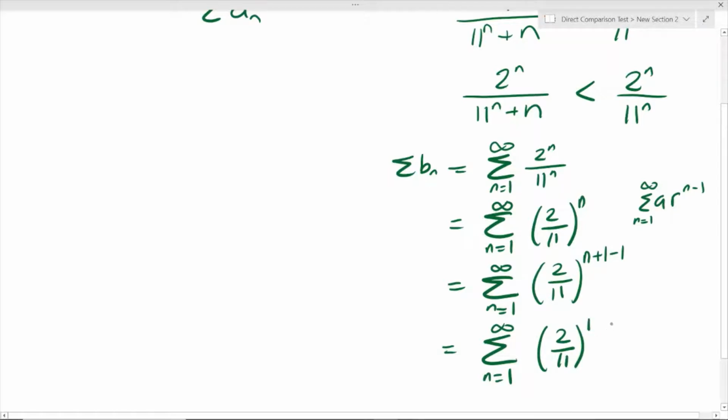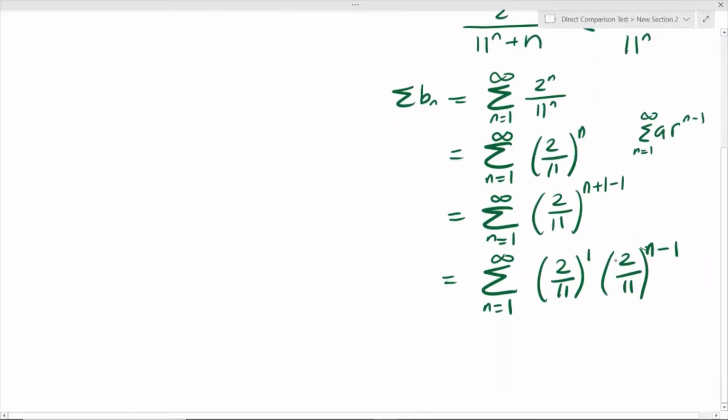And then we have 2 over 11 to the exponent of n minus 1. If you were to multiply these two together, you would have to add the exponents just like we did here. So we're kind of undoing that part.